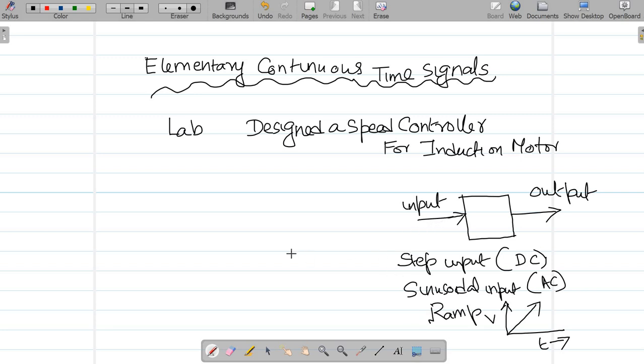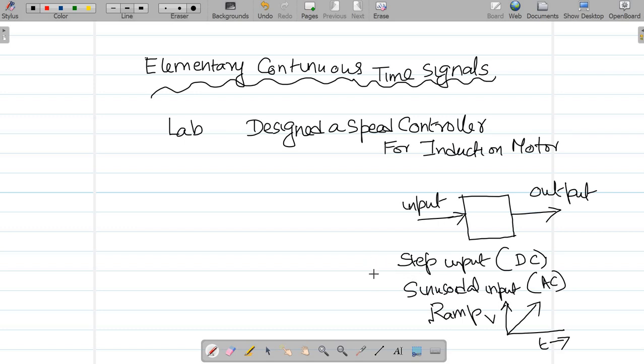But why did I mention initially that we cannot apply any arbitrary input for testing purposes? In nature, we can in fact apply arbitrary input. Any arbitrary input can be synthesized into a step input or a combination of a step input and sinusoidal input.